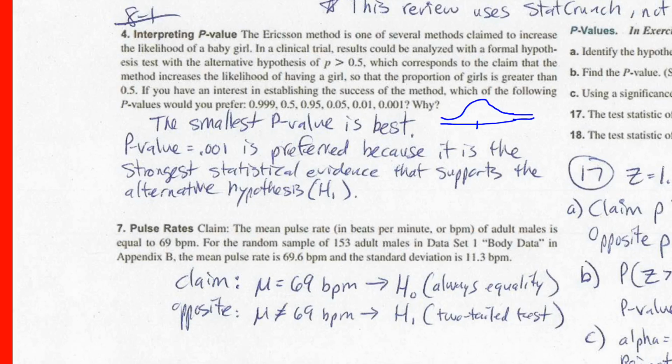So a very tiny p-value means that you're way out here, which basically disproves H0. H0 is in the middle. That's the majority of whatever's going on. And you're trying to prove that it's not the majority, so anything tiny is the best, okay?